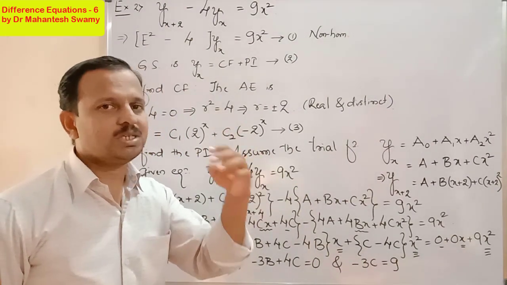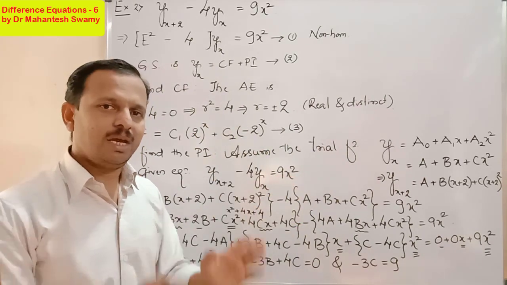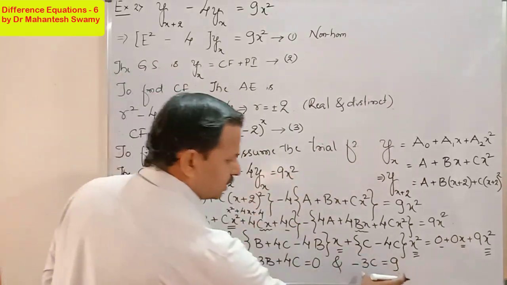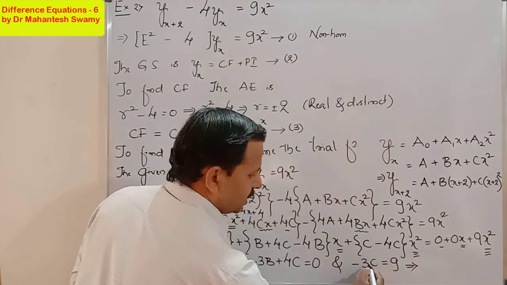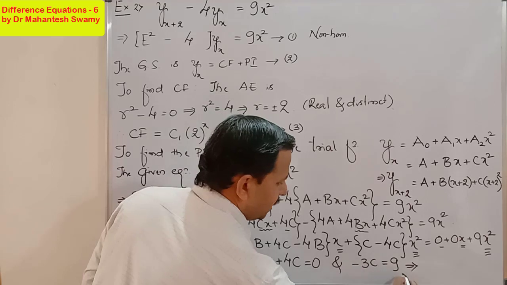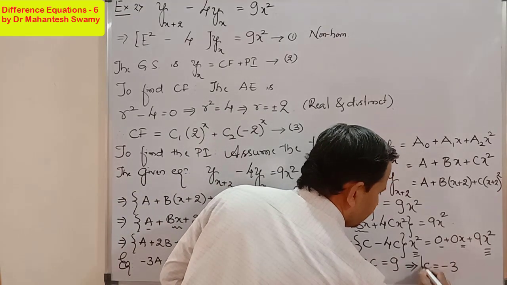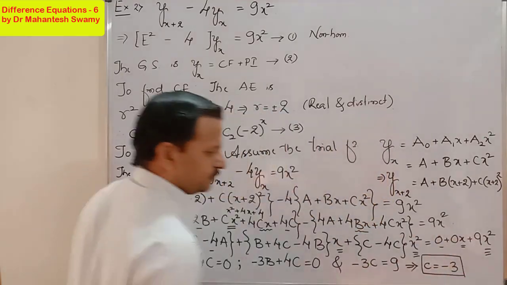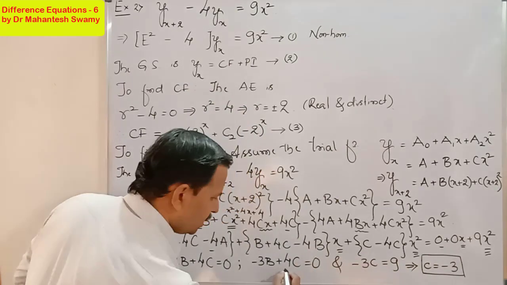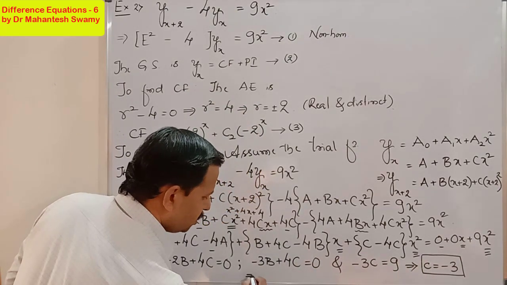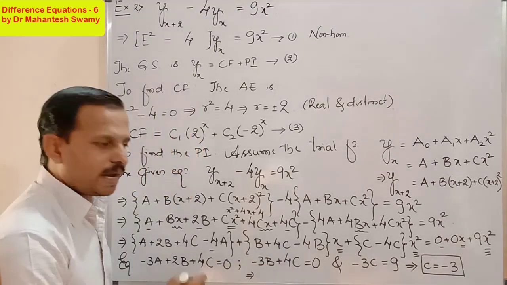So these are the three equations I am having with three unknowns a, b, c. Very easily I can solve and get the values of a, b, c. From the third equation it is easy to get the value of c. c is equal to 9 by minus 3, therefore c is minus 3. Now let us substitute that value in the second equation. 4 into minus 3 is minus 12.